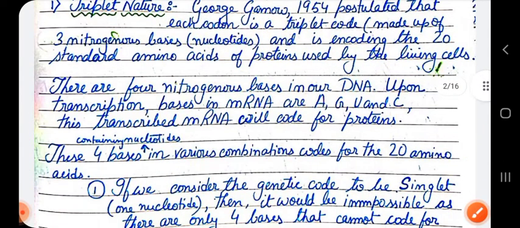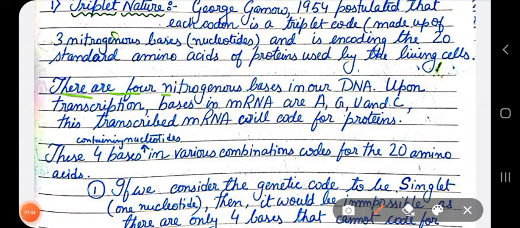Well, other scientists have also debated that there are four types of nitrogenous bases found in our DNA, and upon transcription, the bases in the mRNA are A, G, U, and C. So there is no thymine in mRNA; there is uracil in place of thymine. And this transcribed mRNA will code for the proteins.